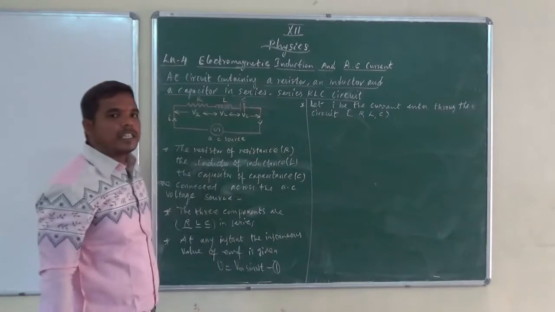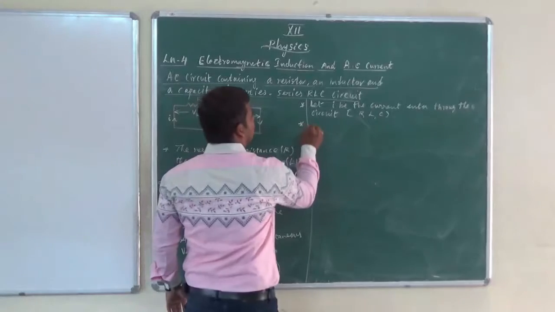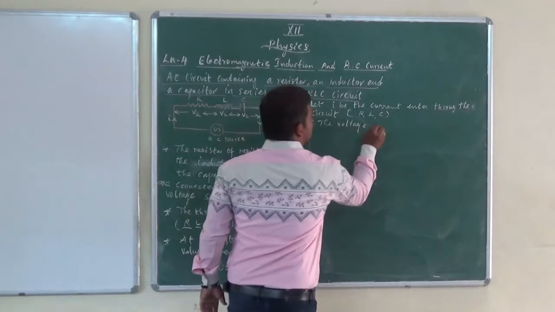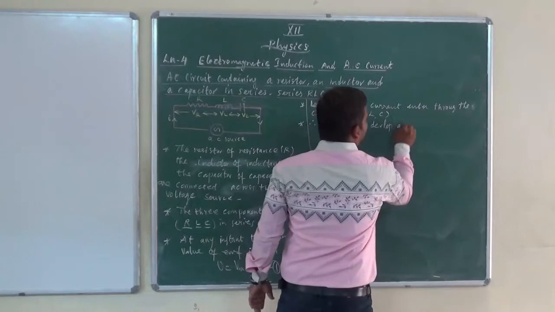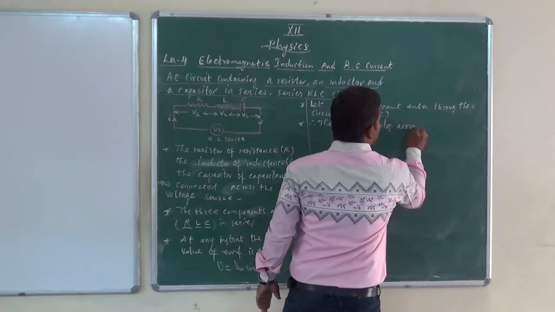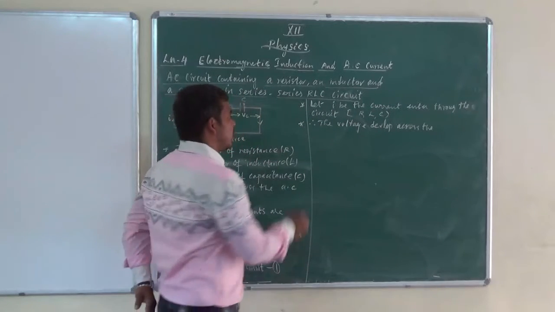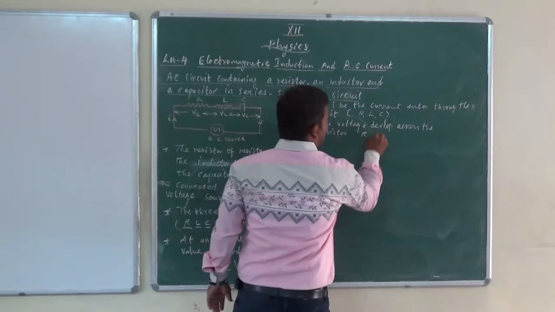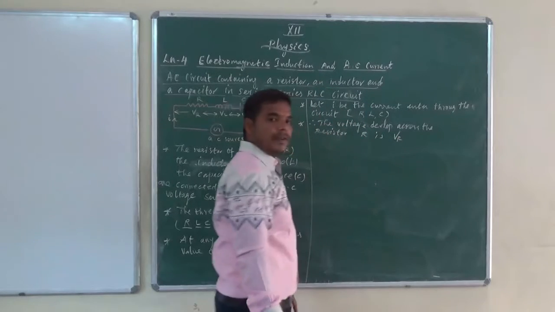So the voltage developed across each component. Therefore, the voltage developed across the resistor R is VR.